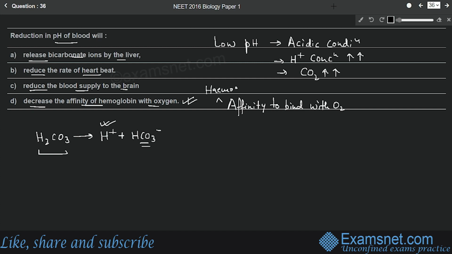Hemoglobin affinity to bind with oxygen will decrease, okay, and oxyhemoglobin will dissociate. So we can say that it will decrease the affinity of hemoglobin with oxygen. That is option D is correct answer.